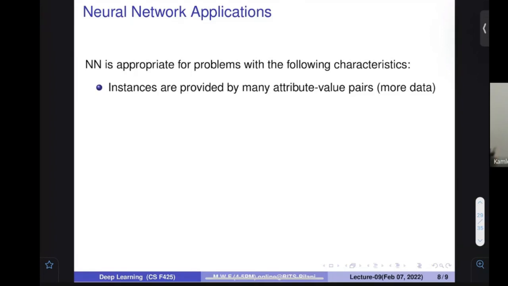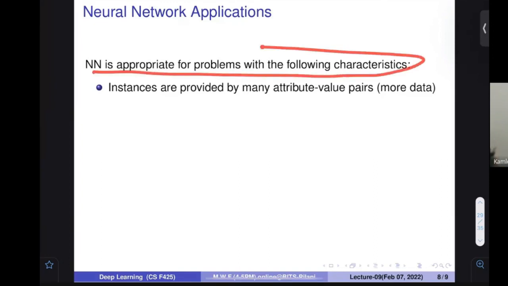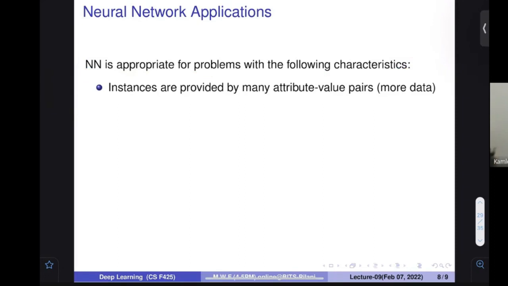Neural network based systems are very common these days. You know that everywhere in deep learning we use neural networks. It is appropriate for problems with the following characteristics. You apply a neural network when the problem has the following characteristics. Instances are provided by many attribute value pairs.